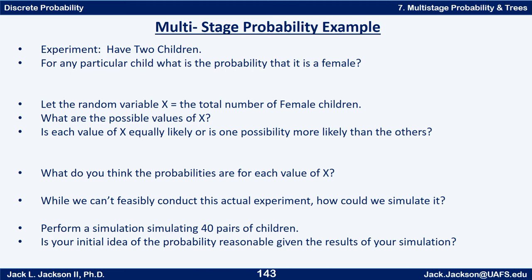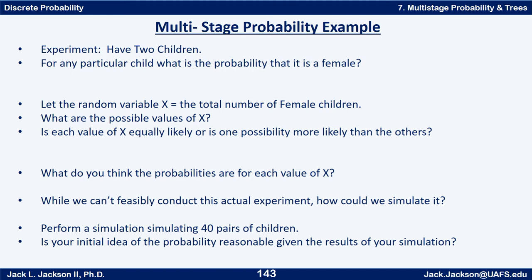Now, while we can't feasibly conduct this actual experiment, it's going to take quite a while for everybody to have two children, not to mention a lot of other problems with that. But we could simulate this. Think of how you could simulate this in a reasonable amount of time without actually, of course, having children. Go ahead and simulate it, simulating 40 pairs of children.